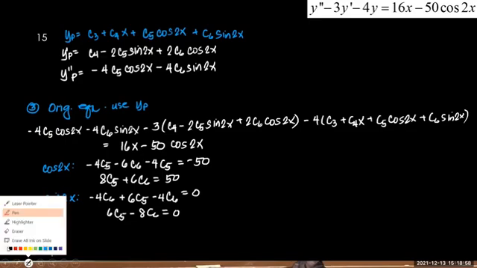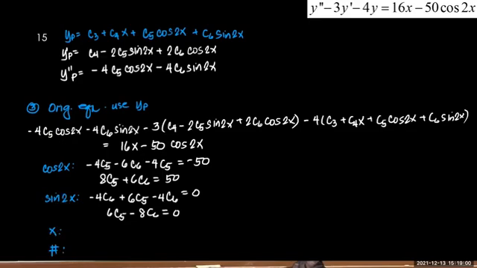For those with x, on the left here, I can see that C4 is minus 4. I was able to solve it. For the numbers, C4 is negative 4 times negative 3 is positive 12.